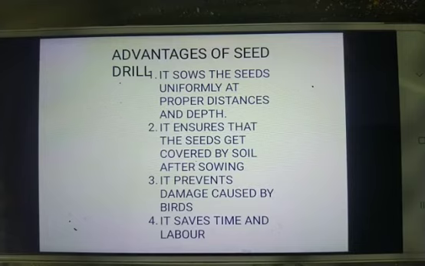It doesn't make sure that the seeds are covered by the soil after sowing, whereas the seed drill method ensures that they are. Third, it prevents damage caused by birds, and fourth, it saves time and labor.